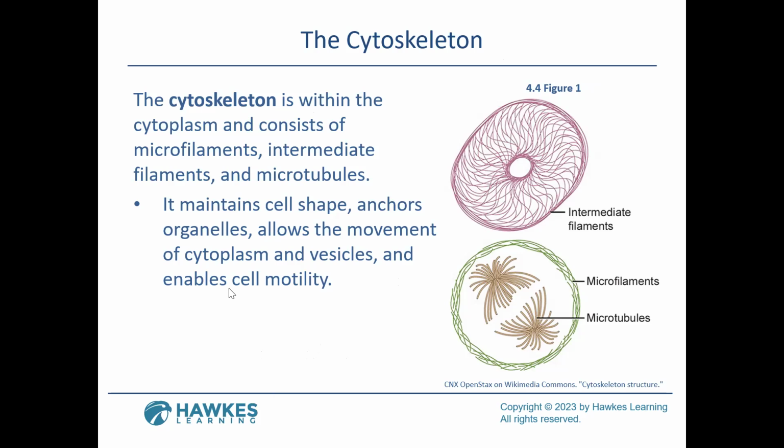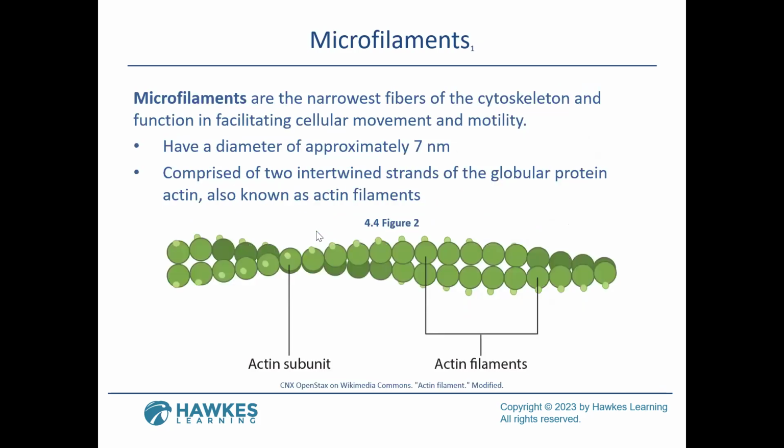Exactly, that's what it's called, the skeleton of the cell. But it's not made of bone. It is made up of microfilaments, intermediate filaments, and microtubules. It maintains the cell shape, anchors the organelles, allows the movement of the cytoplasm and the vesicles, and enables cell motility. These are the microfilaments.